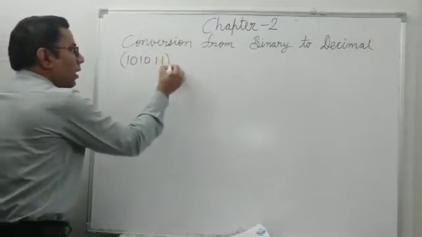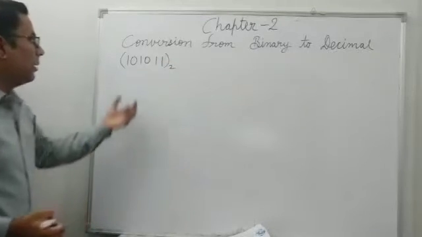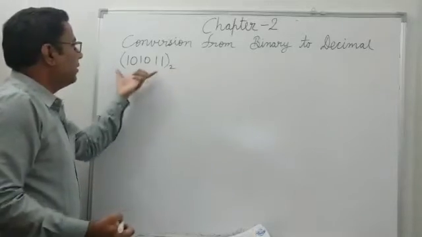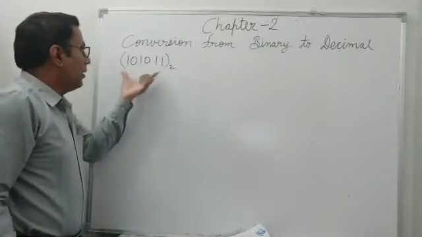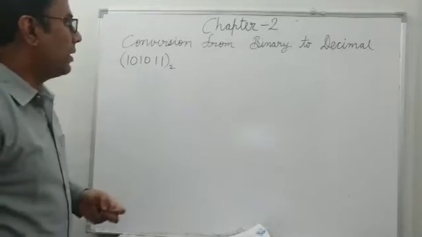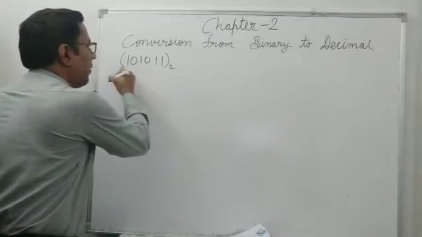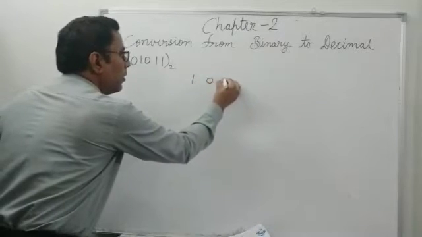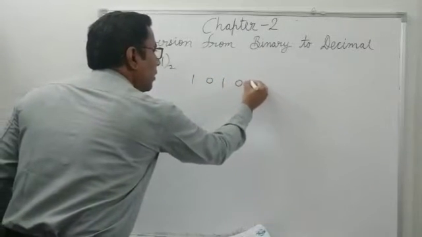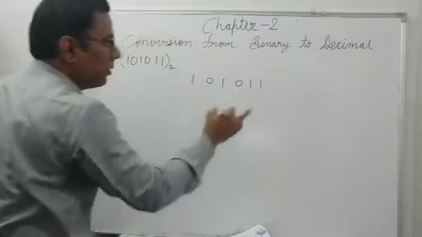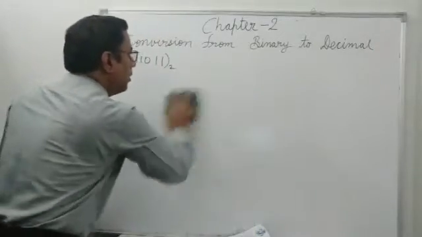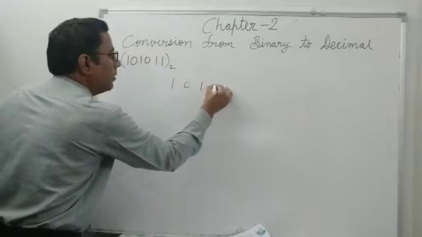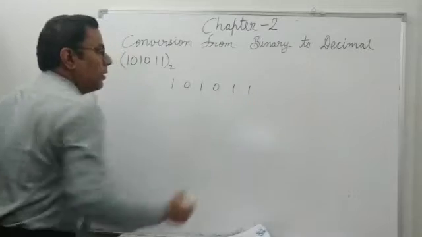I am showing it in this form, with base 2, meaning this is a binary number and I want to convert it into decimal. First of all, I will write all the digits as they are: 1 0 1 0 1 1.